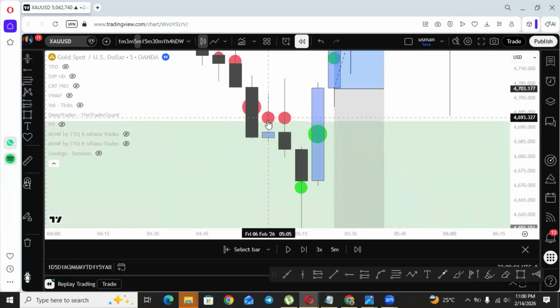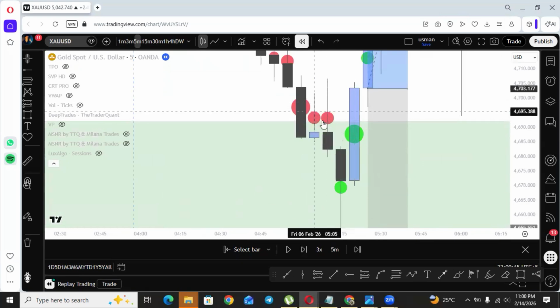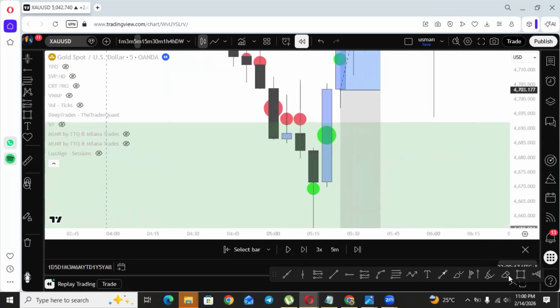This is the area where buyers tried to push the market down, but sellers showed their aggression in this buy candle and pushed the market down, and buyers again absorbed these sellers which were protecting this level. So this area will become an area of absorption. Previously, sellers absorbed the buyers at this area, then buyers absorbed the sellers at this area.